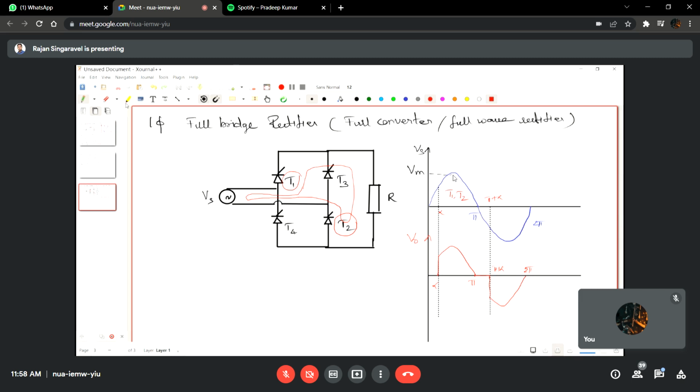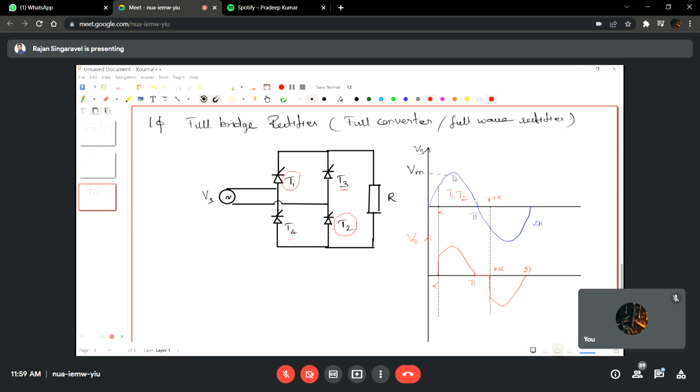And at omega t equal to pi, automatically the current through the thyristors becomes less than holding current, and T1 and T2 will be moved to cutoff region or off condition, and the thyristor pair T3 and T4 will be ready to conduct, in forward bias condition.